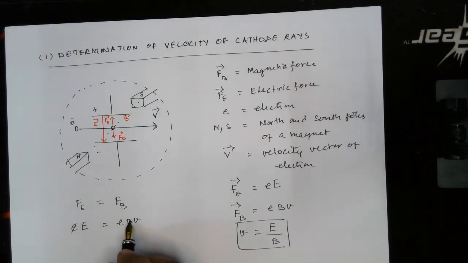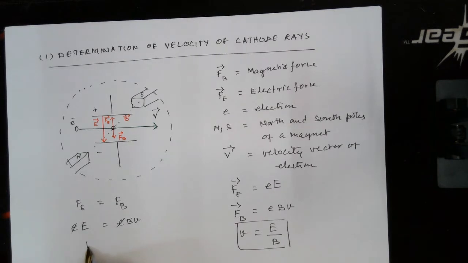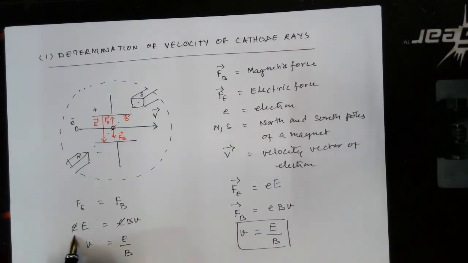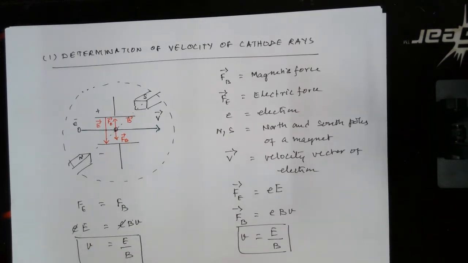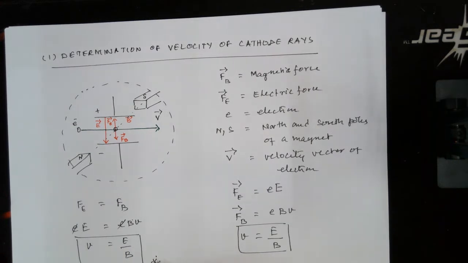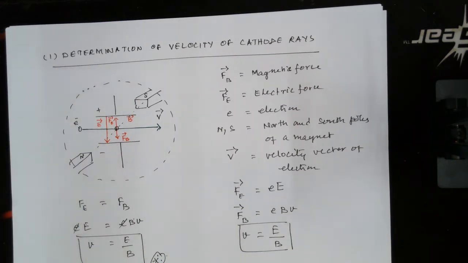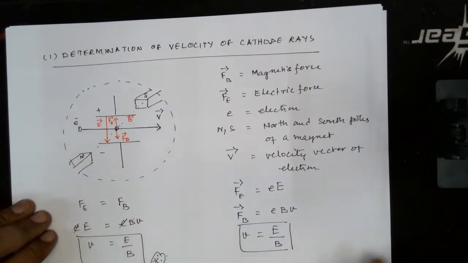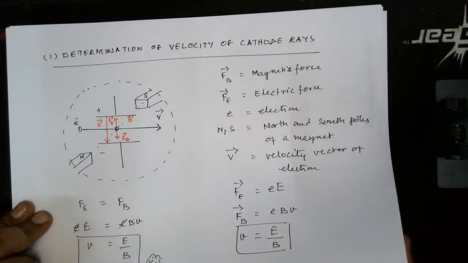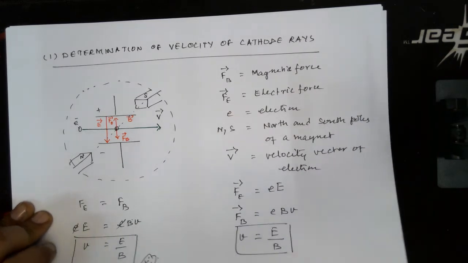Therefore, v is equal to E by B. So, determination of velocity of cathode rays is obtained. Now let us proceed with the next concept, that is point number 2, determination of specific charge.